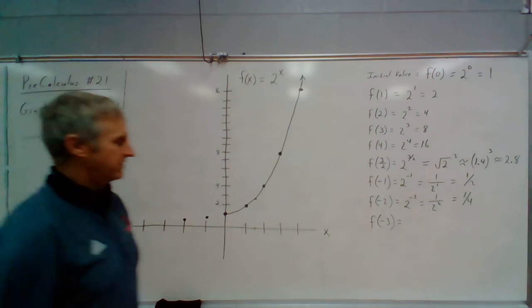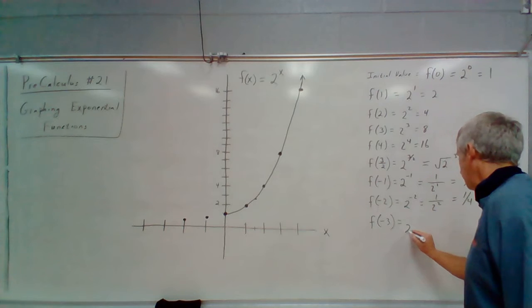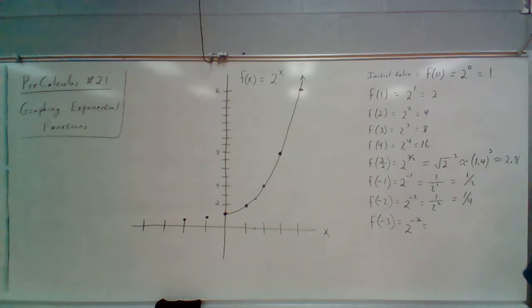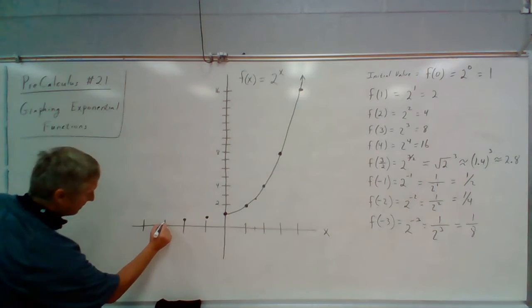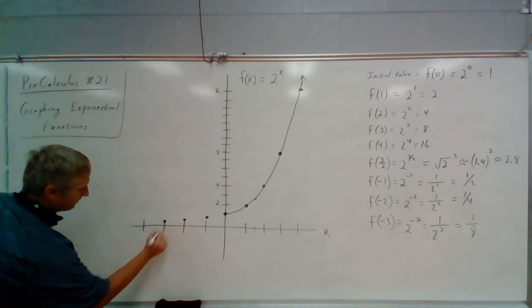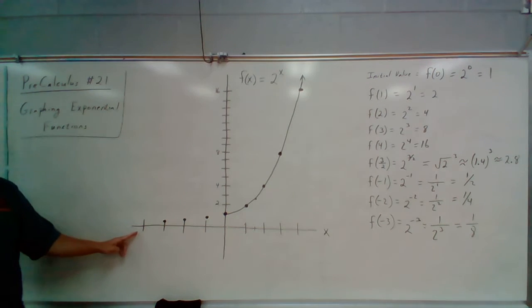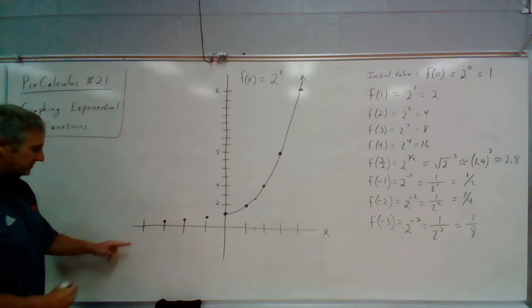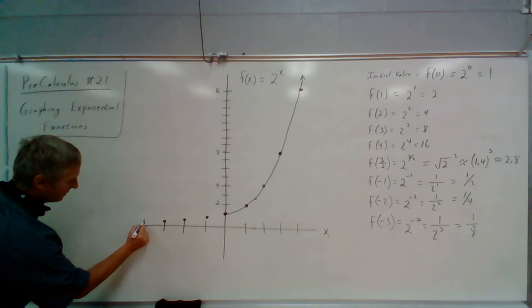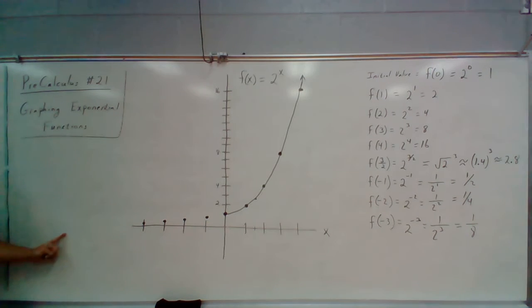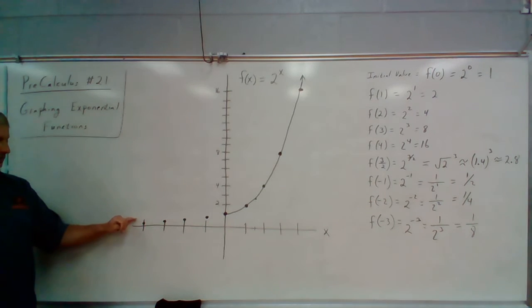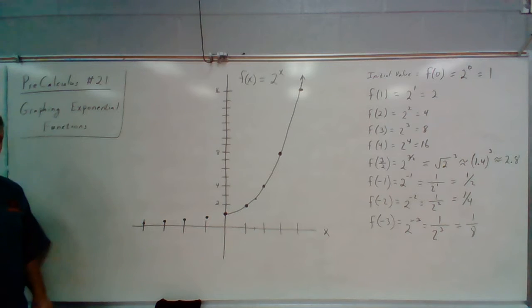F of -3. So that's 2 to the negative third power. 1 over 2 to the third, which would be 1 over 8, and that's less than 1/4, so that would be here. If I plugged in -4, I would get 1 over 16, which would be really close to the x-axis. And you can see what's happening. The farther out this way I go, the closer the graph will get to the x-axis.